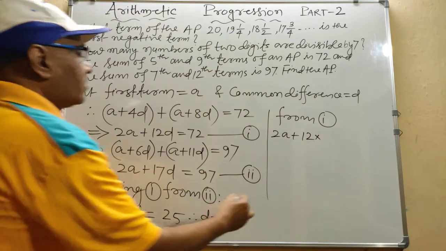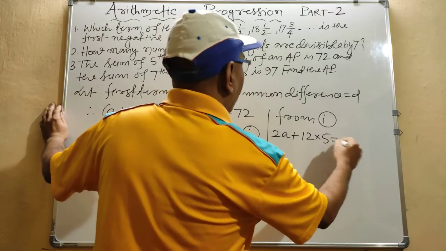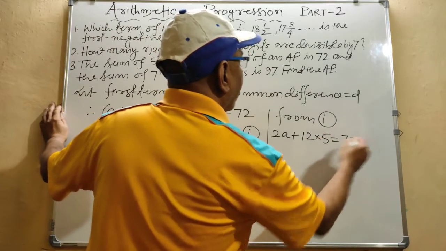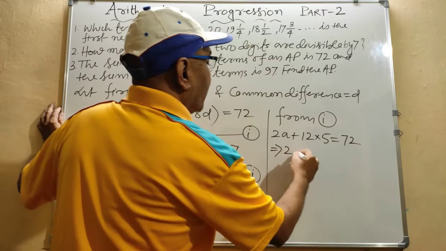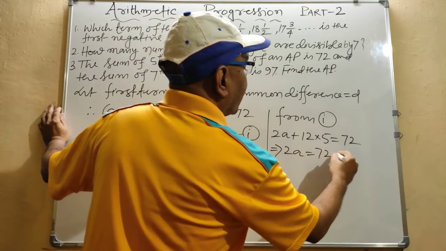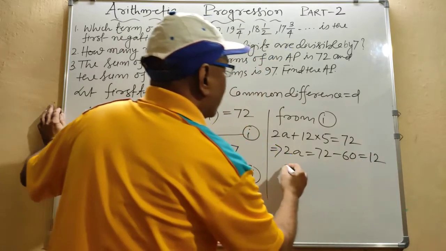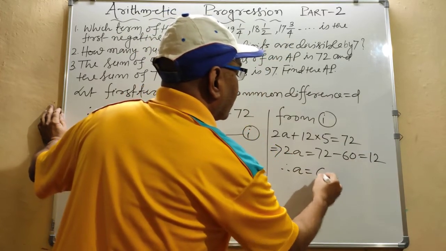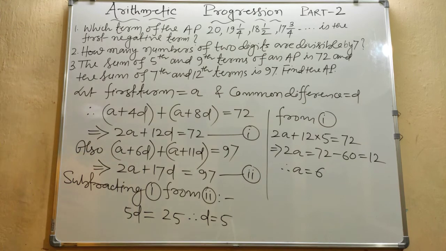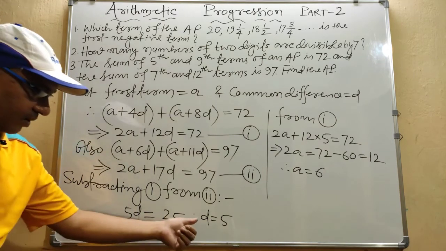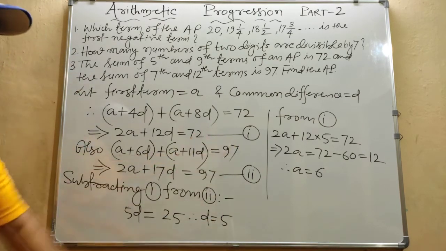What is d? d is 5, equal to 72. This implies 2a equal to 72 minus 60 equal to 12. So a is 6. So in this way we have got d = 5 and a = 6.